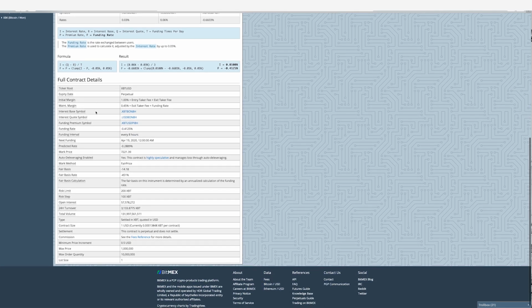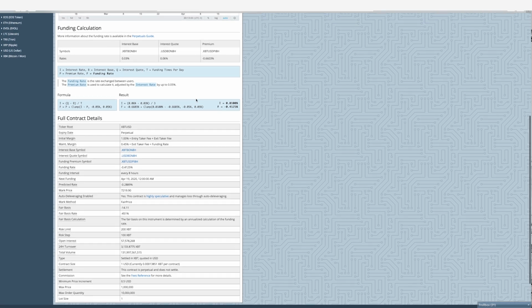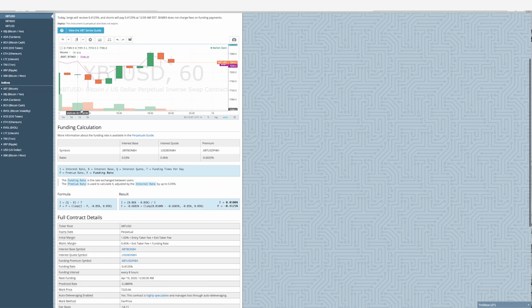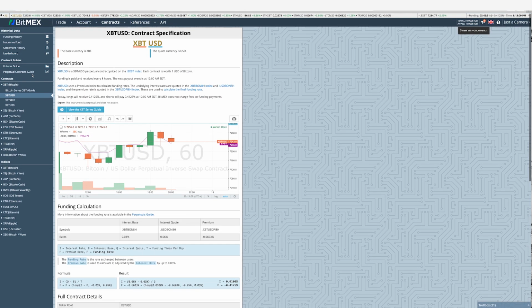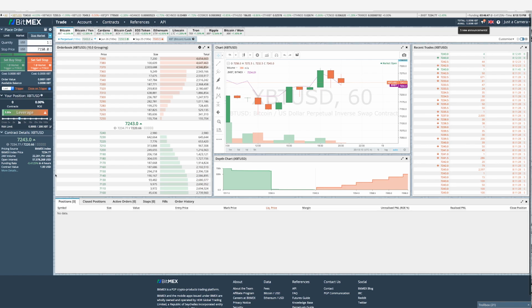And I want to let you kind of go through this yourself. As we've said, it's important to dive into the information available on your exchange so you get a sense of really what's going on in all of the components about it. So that's a bit on the contracts tab itself. Now, if we go back to our trade tab, we can see that all of that is reflected right here.